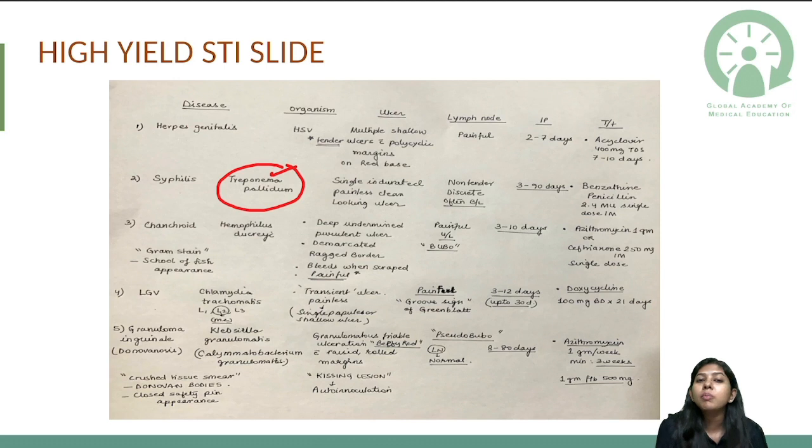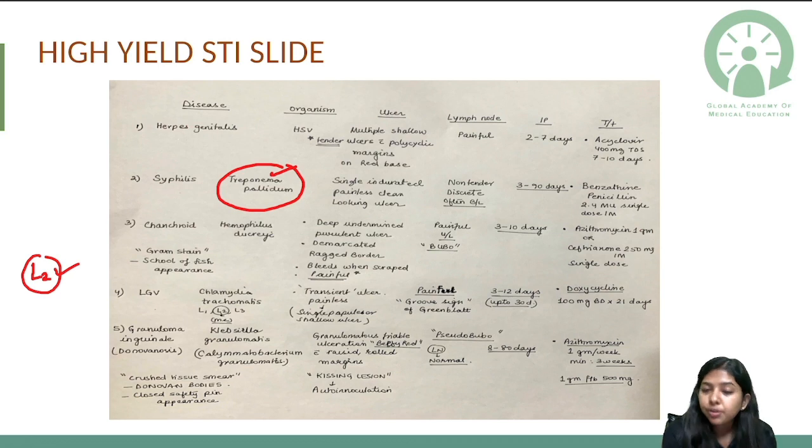Okay, lymphogranuloma venereum, it is caused by Chlamydia trachomatis. There are 3 serovars, L1, L2, L3, of which the most common is L2 serovar, okay? You get a very transient ulcer. It often goes unnoticed by the patient. You know, the patient might not even know that he had an ulcer. It's a very transient, short-lived ulcer which is painless, and you get painful lymph node, and you get the groove sign which we had looked at earlier, right?